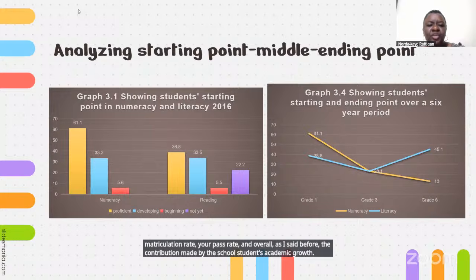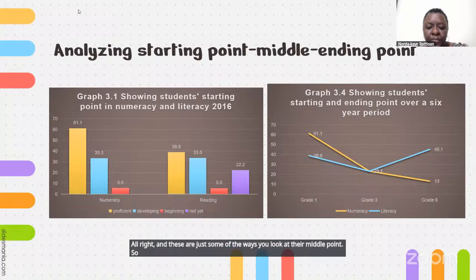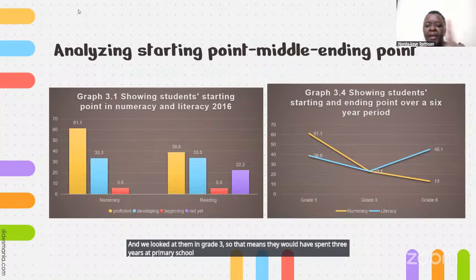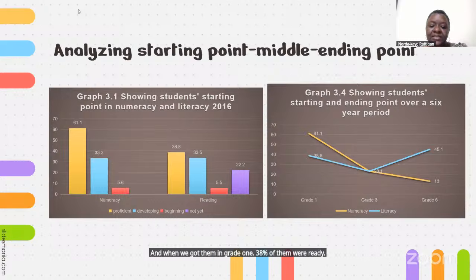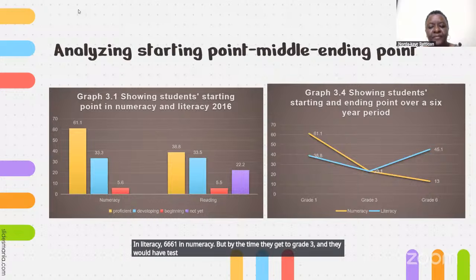All right, and these are just some of the ways you look at their middle points. This is an example pulled from a primary section, and we looked at them in grade 3. That means they would have spent 3 years at primary school. When we got them in grade 1, 38% of them were ready in literacy, 61% in numeracy. But by the time they got to grade 3, and they would have tested these students, they were at 23%.